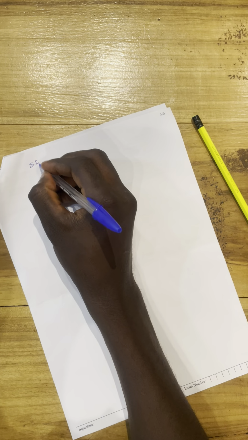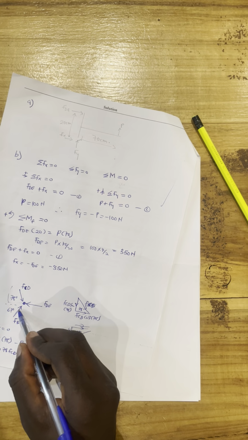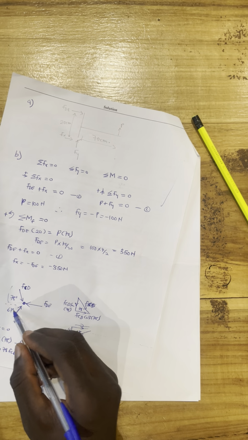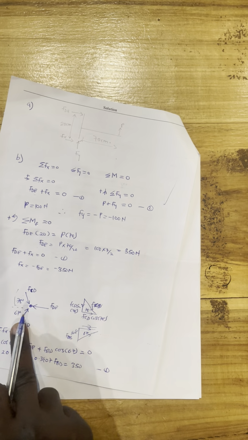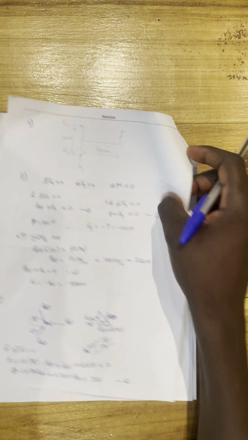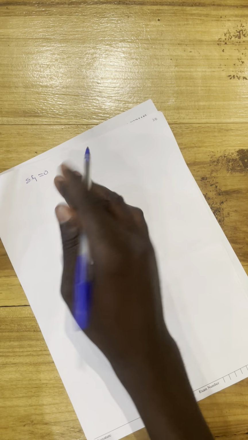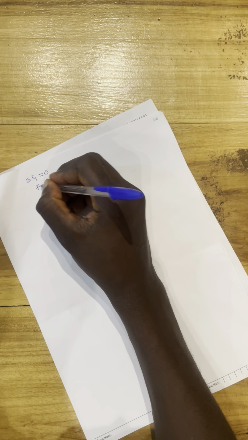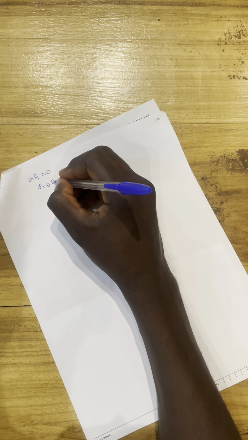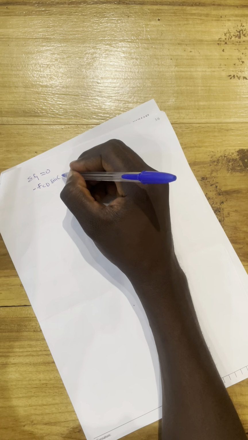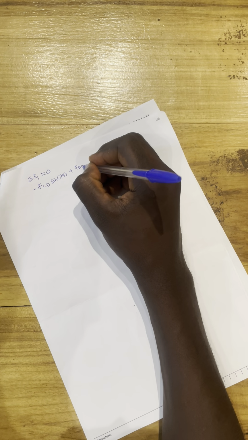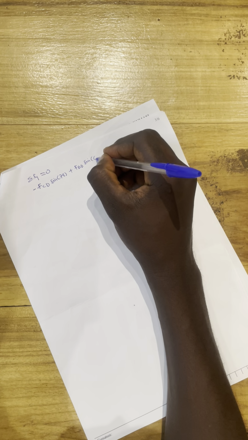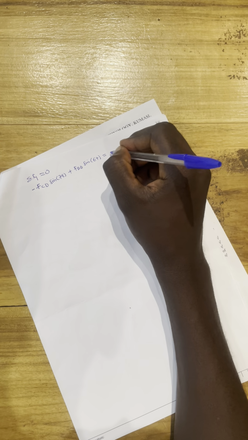So the sum of forces in the y direction will be equal to 0 as well. Now in the y direction, I'm going to have FBD sine and then FCD sine. Now this one will come down, this one will go up. So BD will be positive, CD will be negative. So we're going to have minus FCD sine 78 plus FBD sine 67 is equal to 0.